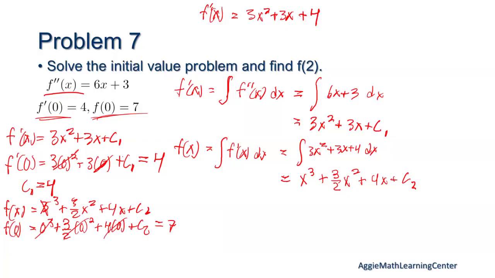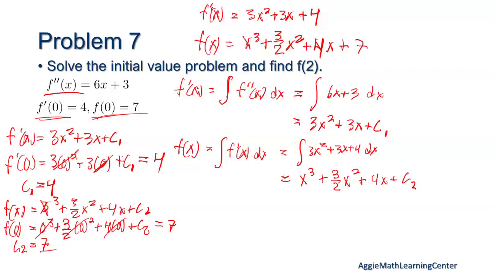That's a 0, that's a 0, that's a 0. We now have c2 is equal to 7. And now we can finally say f of x is equal to x cubed plus 3 halves x squared plus 4x plus our c2, which we just found out to be 7.